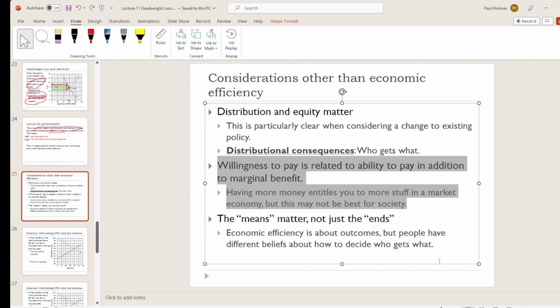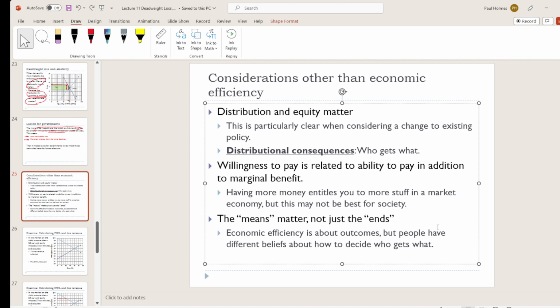In a market economy, we allow people to buy things when they can afford them. Having more money gives you more stuff. But just because more trades are taking place doesn't necessarily mean that the economy is better off as a whole. If Bill Gates or Warren Buffett, two really rich dudes, go out and buy a whole bunch of stuff, that affects economic surplus in just the same way as if you or me went out and bought a whole bunch of stuff.